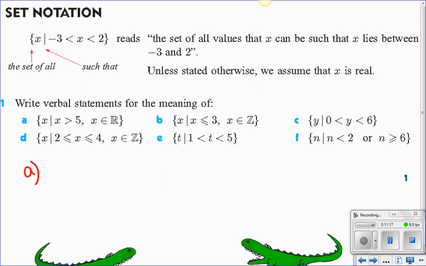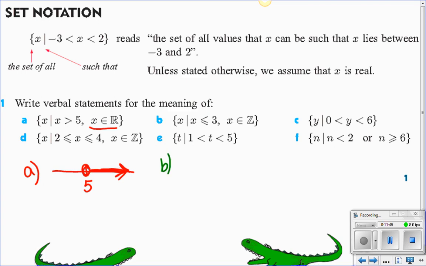Okay, so if x is greater than 5, what that's going to look like is if 5 is here, x is going to be everything greater than that. And we can use an arrow to represent that. So we leave 5 open. It doesn't include 5. So, and by the way, x is an element of the real numbers. So all of the real numbers, every number greater than 5 is part of that solution.